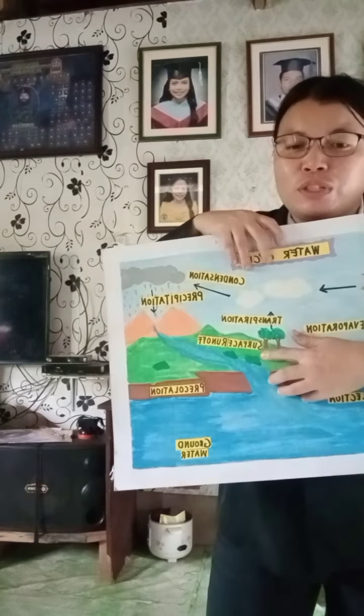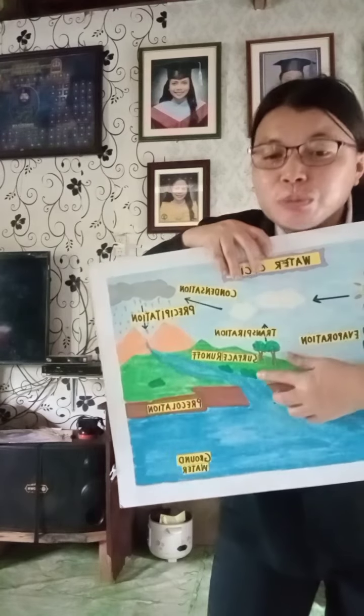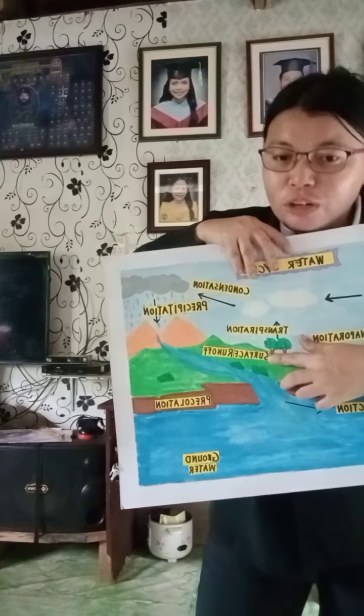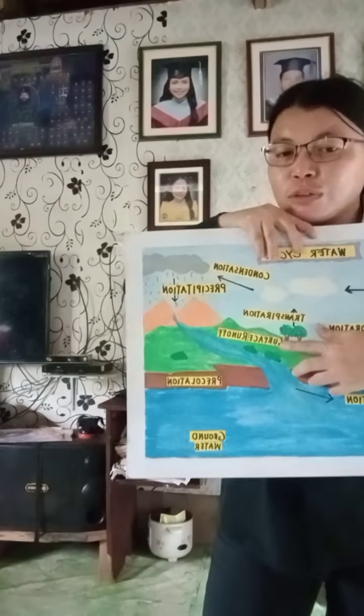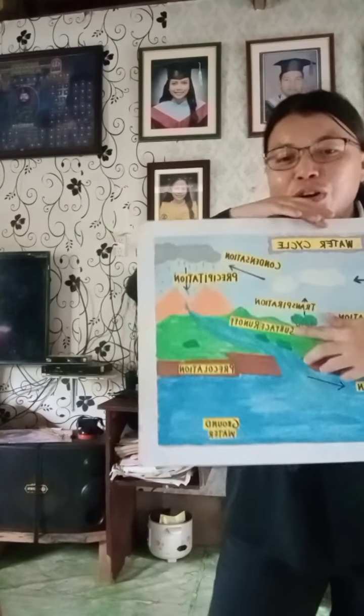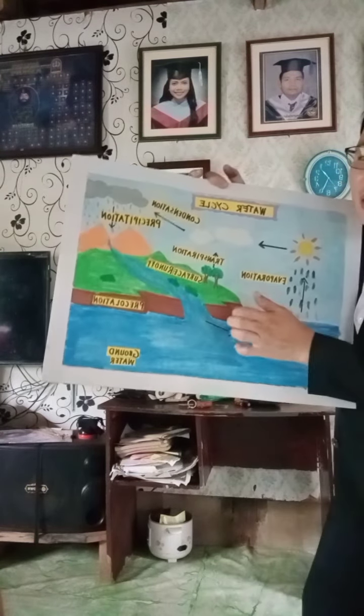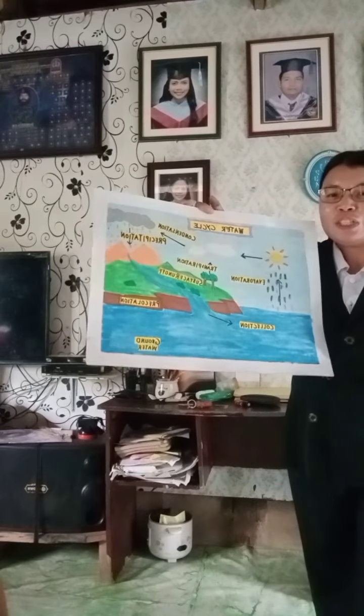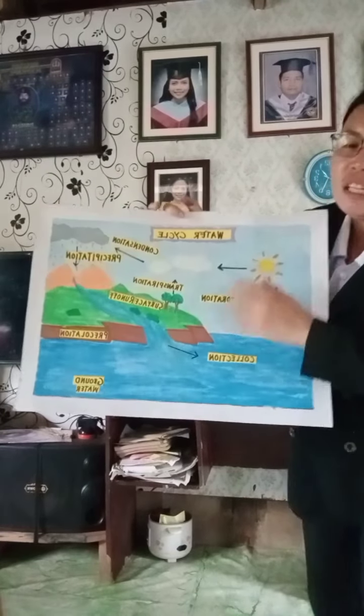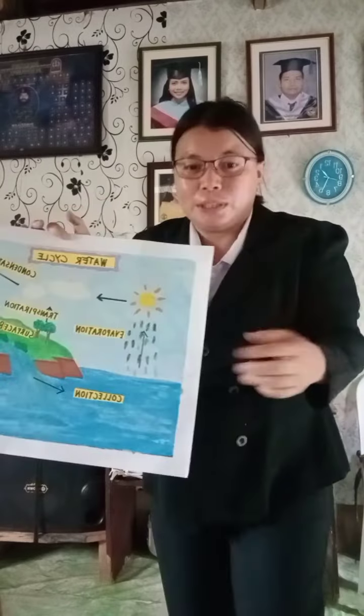Another definition: surface runoff is an important part of the water cycle because through surface runoff, much of the water returns again to the ocean, where a great deal of evaporation occurs.